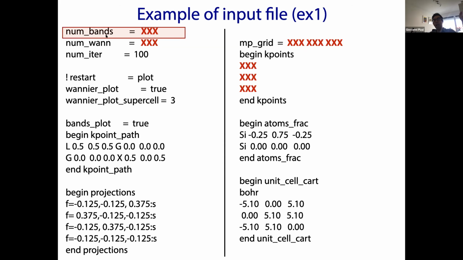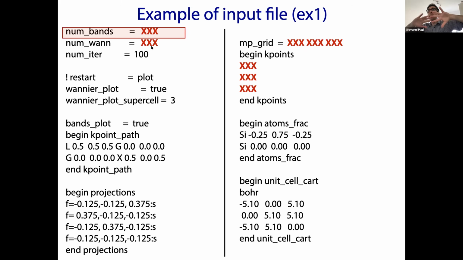So in your NSCF, if you want to compute, let's say, the valence and conduction bands of silicon, you will want to compute maybe 8 Wannier functions. This is actually the second number here, the number of Wannier functions, because maybe you want to do sp3 on each atom. So it's sp3 on one atom, sp3 on another atom, 4 plus 4, 8. So this will be your number of Wannier functions.